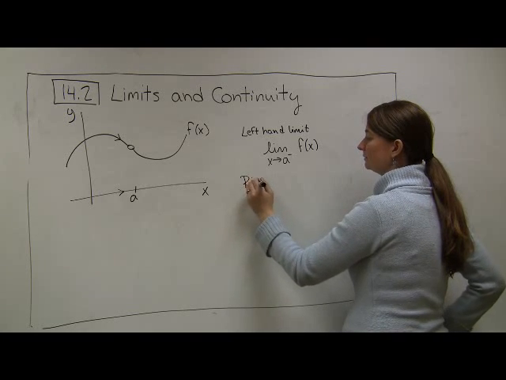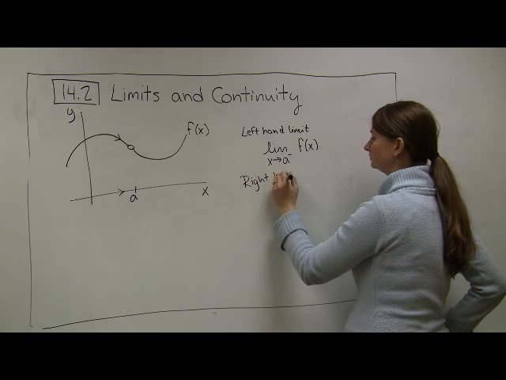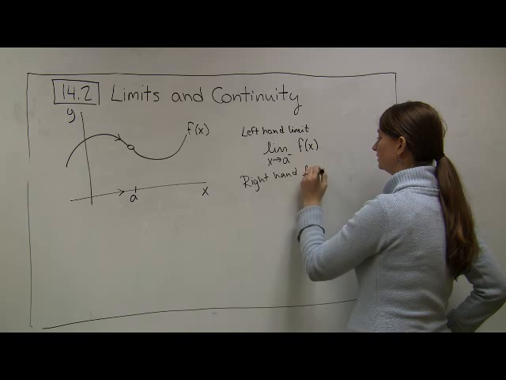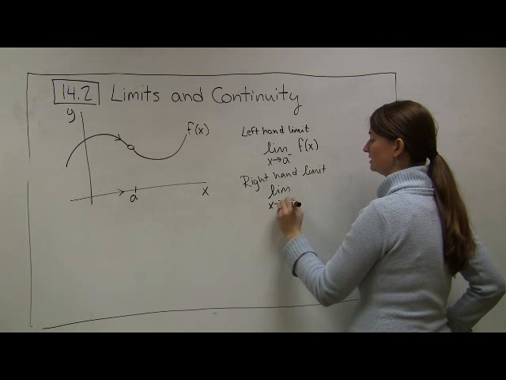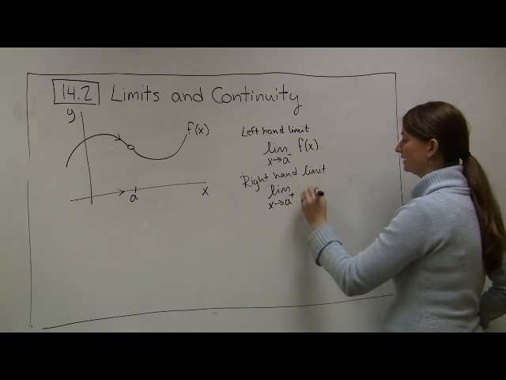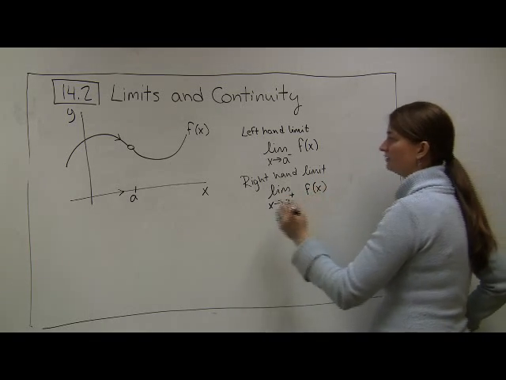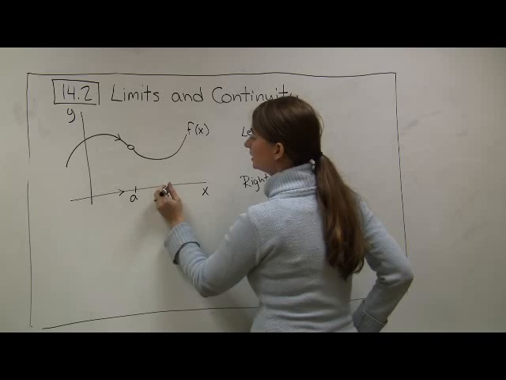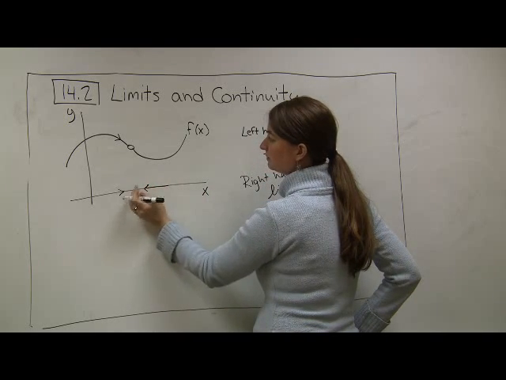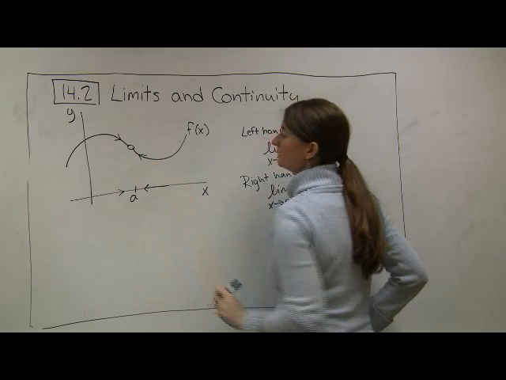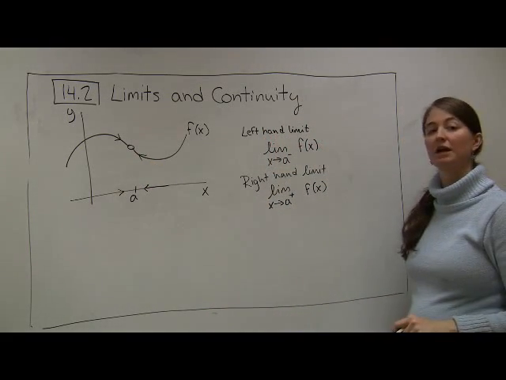Similarly, our right-hand limit is written the limit as x approaches a from the positive side of our function f of x. And we're looking at, as my x's approach a from the positive side, what are my functional values getting closer to?